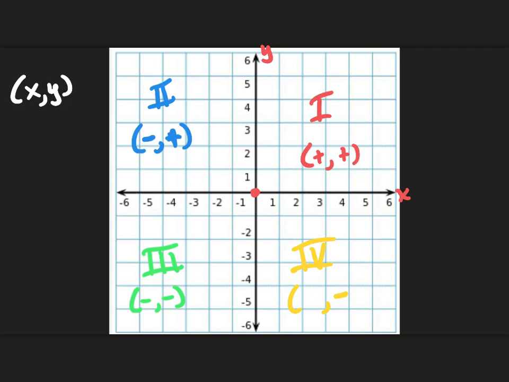That's what I get for writing too fast. Plus and minus. So positive x's are on the right side of y. Negative x's are on the left side of y. Positive y's are above the x-axis, and negative y's are below the x-axis.